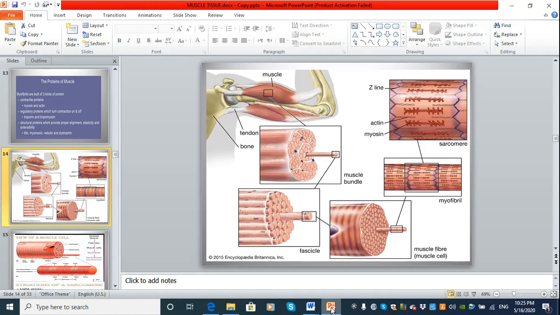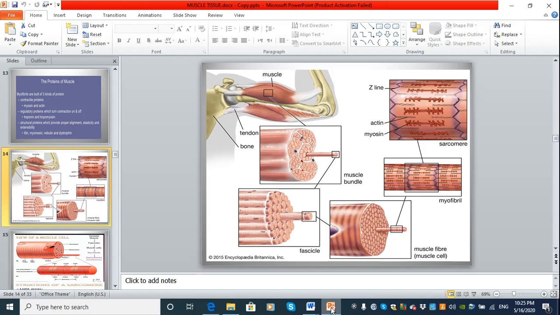Here I have a cartoon diagram. If we take this part from the muscle and magnify it, you will see a muscle bundle. Then the muscle bundles together form the fascicle, and that fascicle is a group of muscle cells or muscle fibers. Then continuing the magnification, you will see the myofibril, and the myofibril has sarcomeres.